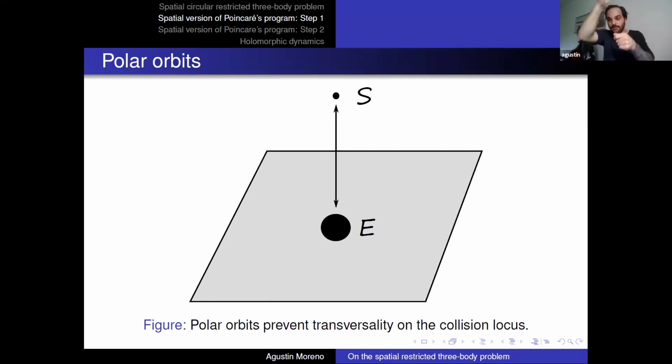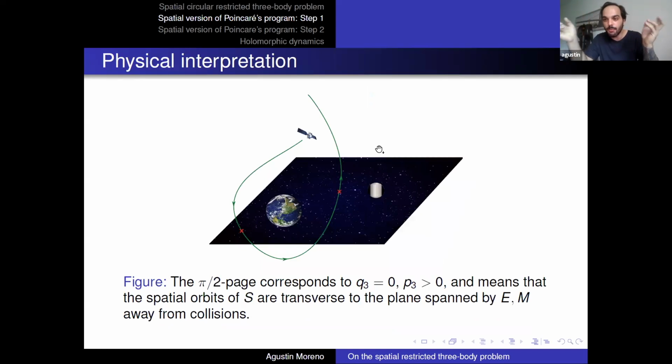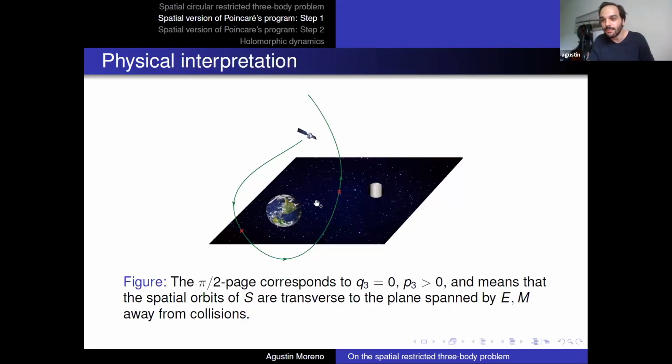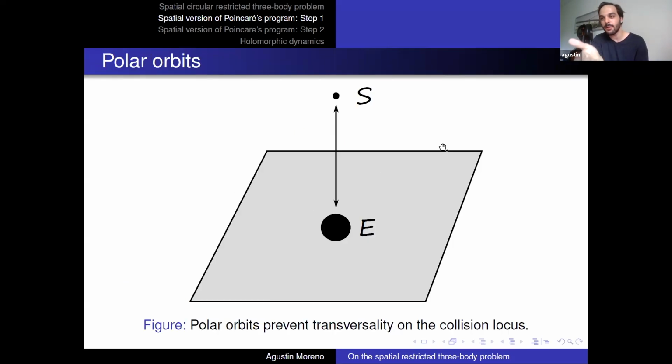So you also have the symmetric version bouncing in the lower hemisphere. But this orbit already tells you that the previous page, in quotes, is not transverse to the dynamics, because this orbit stays always on the upper hemisphere. It doesn't cross the plane. So the existence of this orbit alone will tell you that the previous open book cannot be transverse to the collision locus.